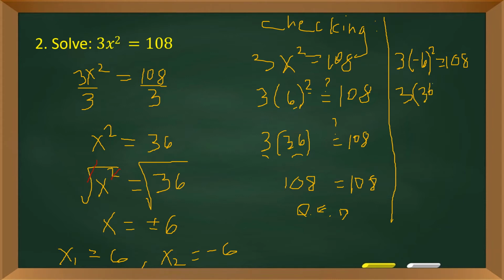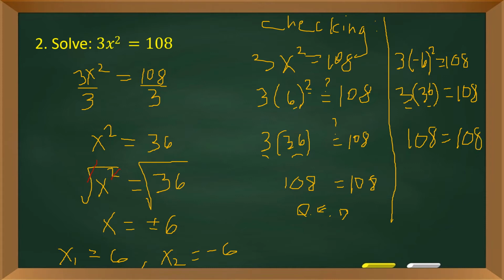Or negative 6 times negative 6 is positive 36, so 3 times 36 equals 108. But 3 times 36 here is 108, which is equal to 108.